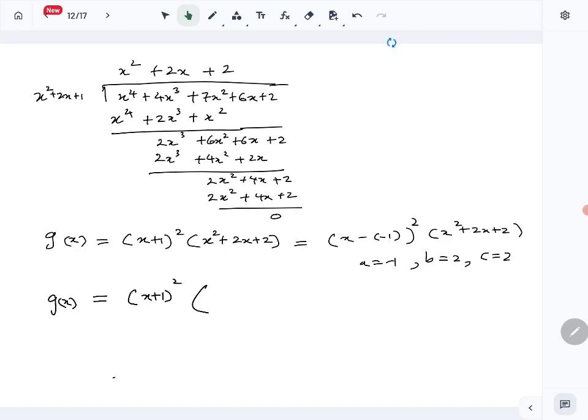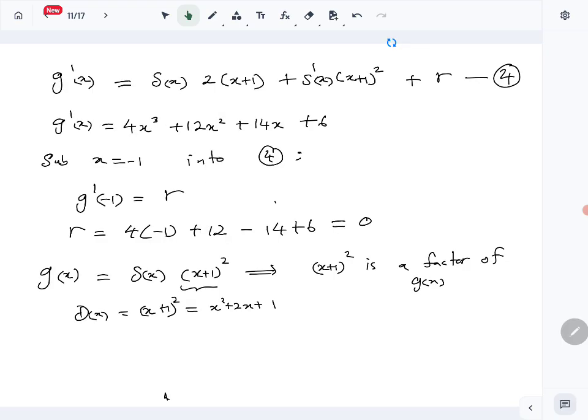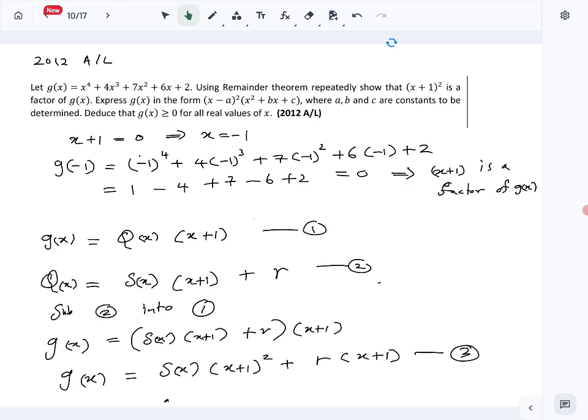For this part, you just complete the square and you can get the answer. (x + 1) squared plus 1. So this is greater than or equal to 0, this is greater than 0. So the total has to be greater than or equal to 0. So g of x is greater than or equal to 0. So that is the last part of the 2012 A level question. Right.